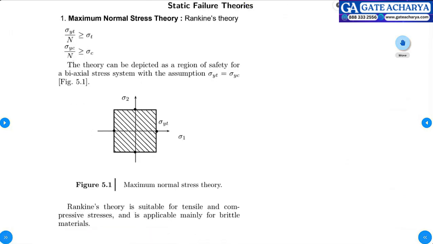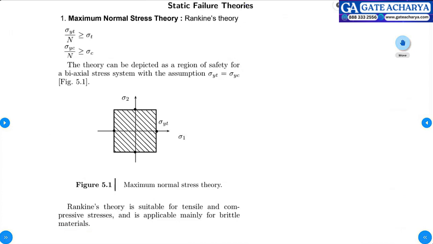So first we will see how a component will fail under static loading. There are totally 5 theories of failure suggested by 5 scientists. The first one is the maximum normal stress theory. It is called Rankine's theory. We take a component and apply a biaxial load, either tension or compression.